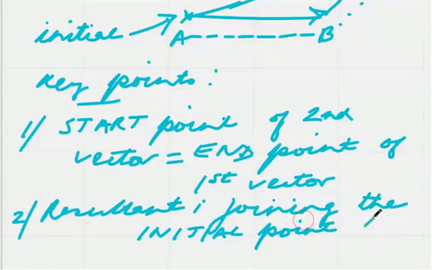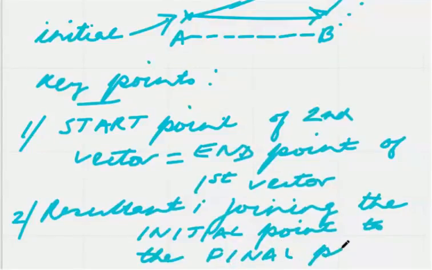In this problem, the initial point was A and the final point was C. So that's the triangle law of vector addition.